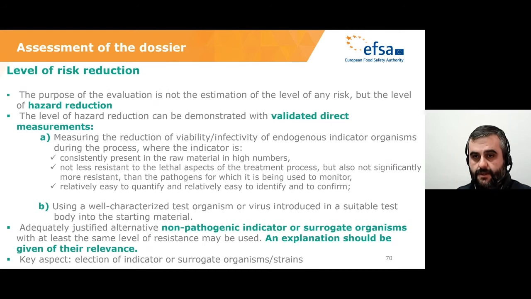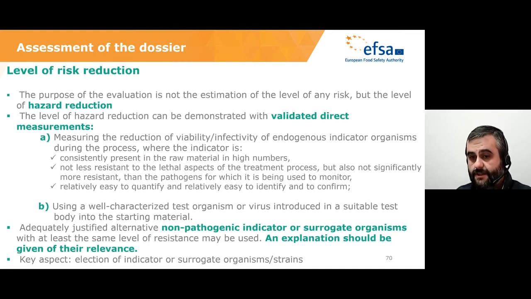Here it should be also a surrogate organism or indicator that should also meet the same criteria as before. It should be more resistant to the process, to heat if it's a thermal process, or to pH if it's a chemical process, etc. It should be more resistant than any hazard that could be present and that is used to monitor or as an indicator or as a surrogate.